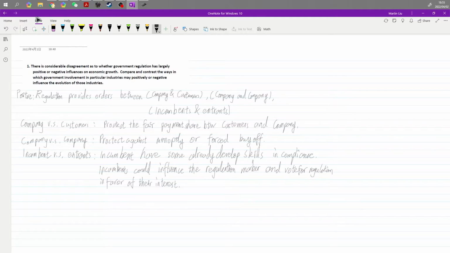Well, this kind of scenario is often seen, and it's usually operated by those larger firms.